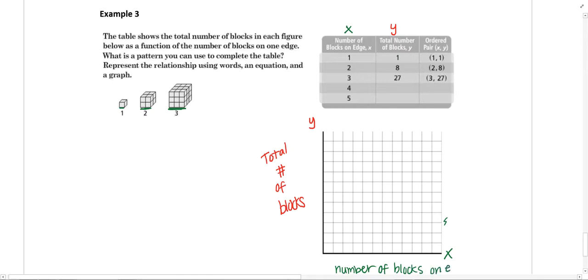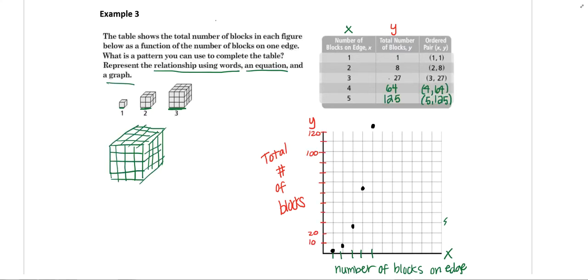And this one we can just go by ones because we have 1, 2, 3, 4, 5 in the t-table, and that's it. Okay, so go ahead and pause the video, try and figure out the rest of the t-table, try to represent the relationship that you're noticing in words, try to come up with an equation, and then graph it.